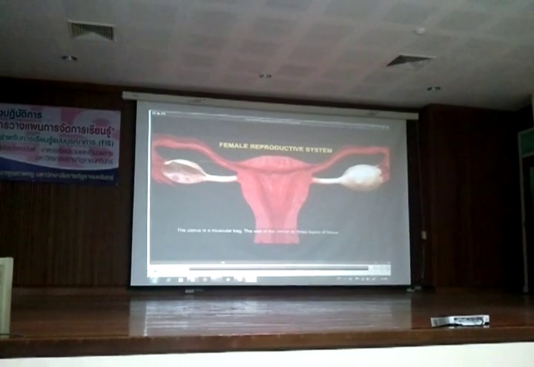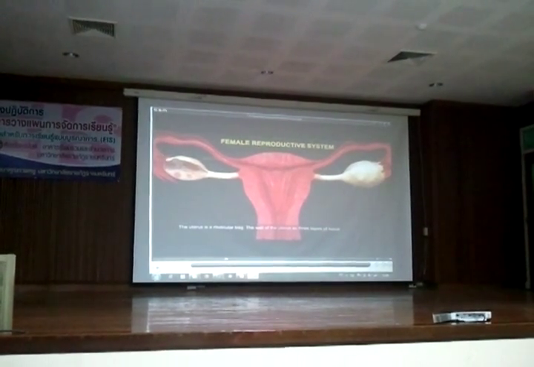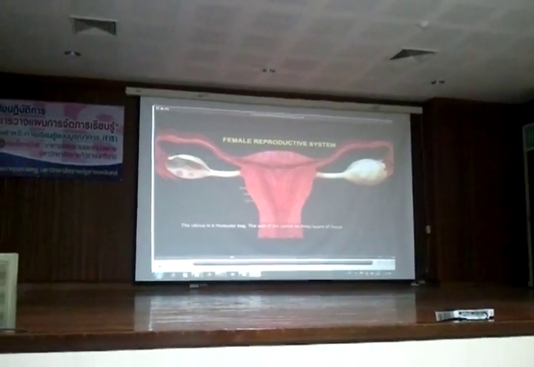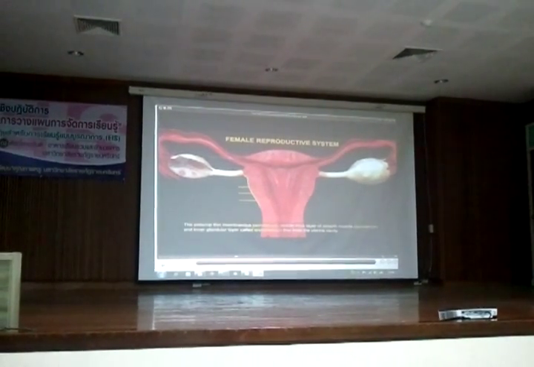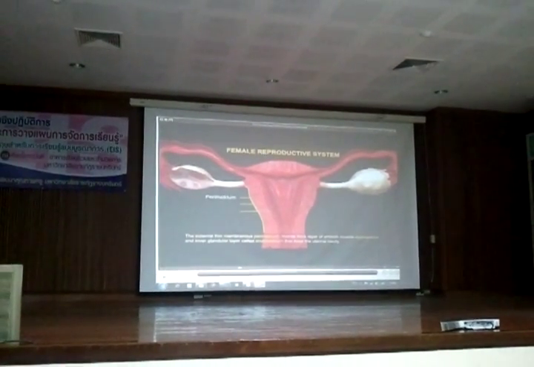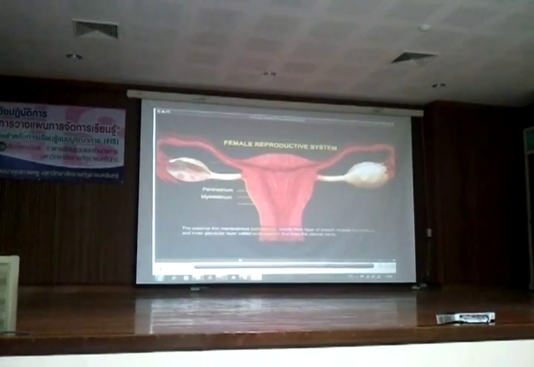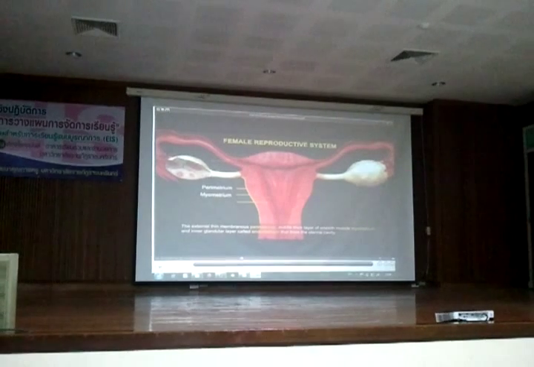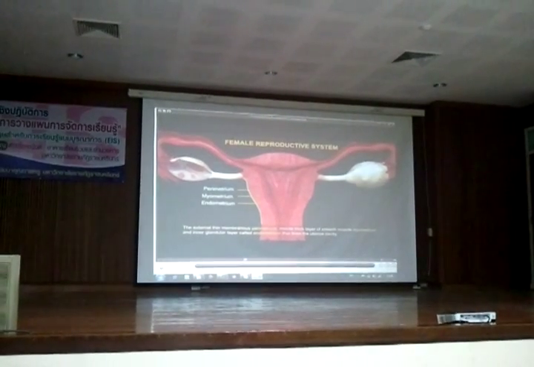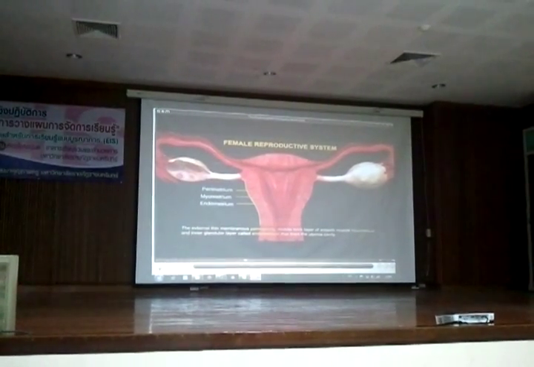The uterus is a muscular bag. The wall of the uterus has 3 layers of tissue. The external thin membranous perimetrium, middle thick layer of smooth muscle, myometrium, and inner glandular layer called endometrium that lines the uterine cavity.